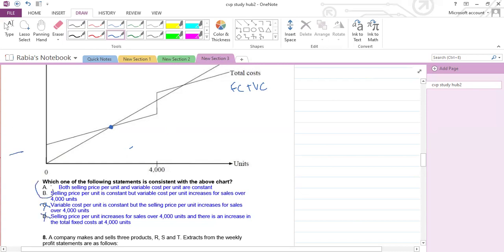So now you have to decide from A and B. Your cost change at 4,000 is only because of the fixed cost element, not because of the variable cost element. So option A is the right option. Option B is wrong because it says your sales price increases because of units.